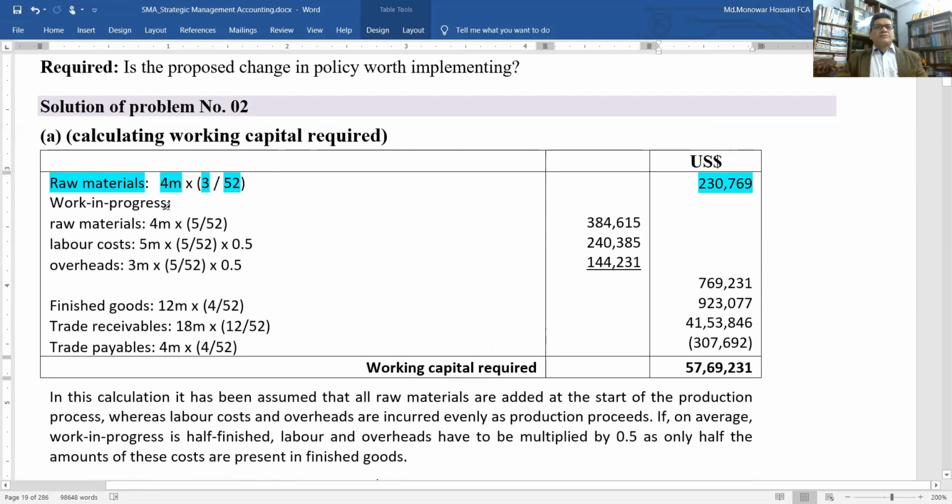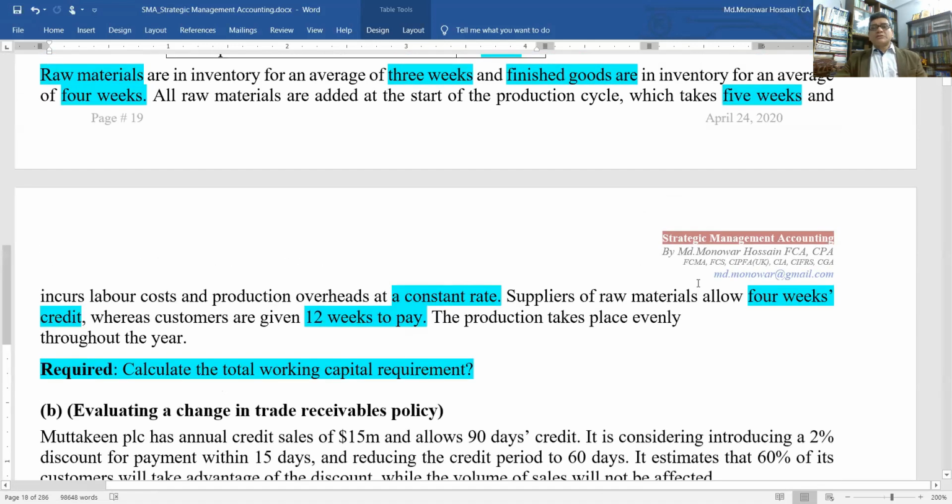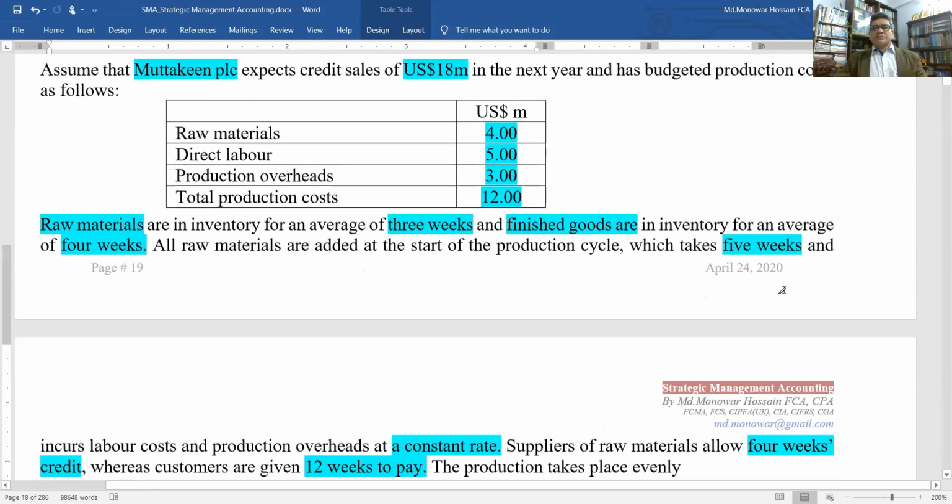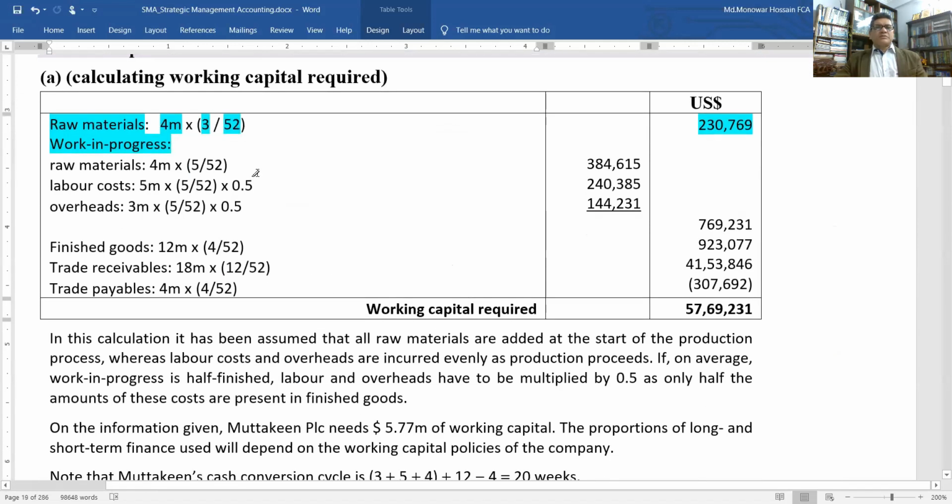Now work in progress. Raw material 4 million divided by 52, multiplied by 5. So how 5? This is where, look, 5 weeks. These 5 weeks, work in progress.